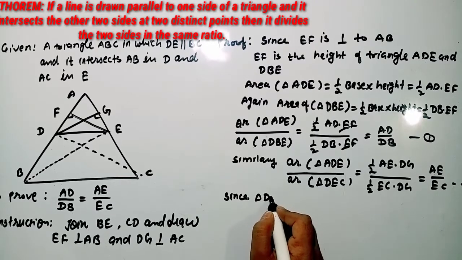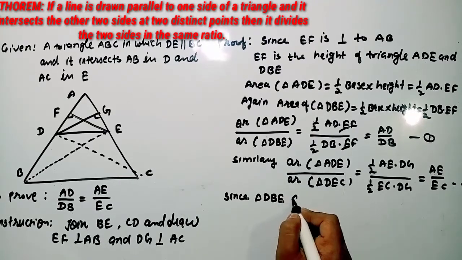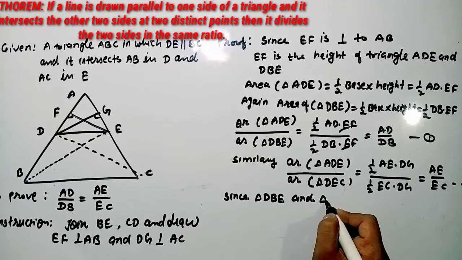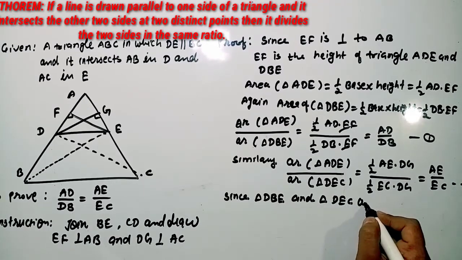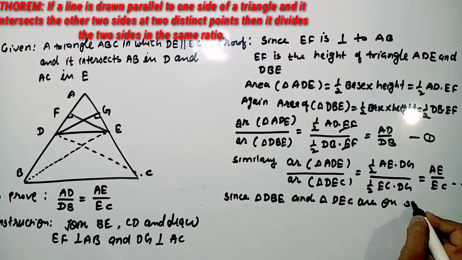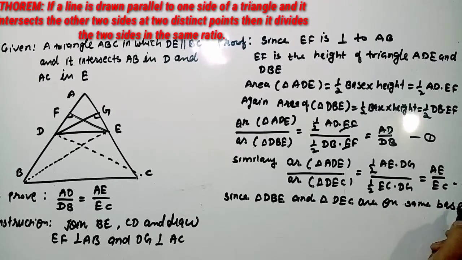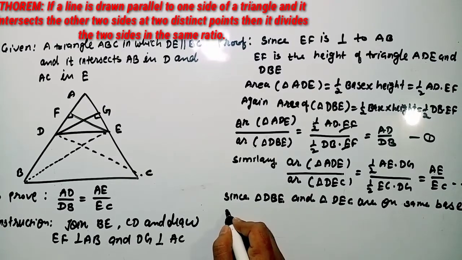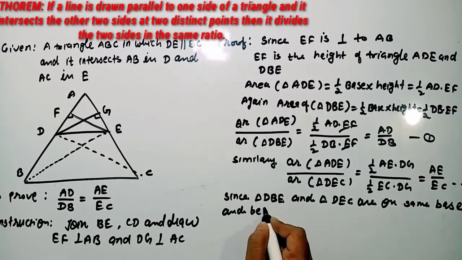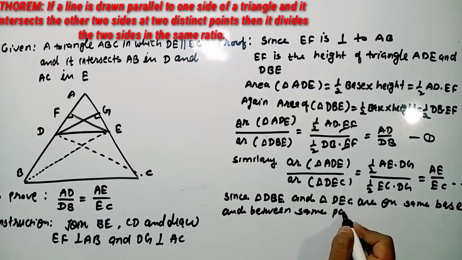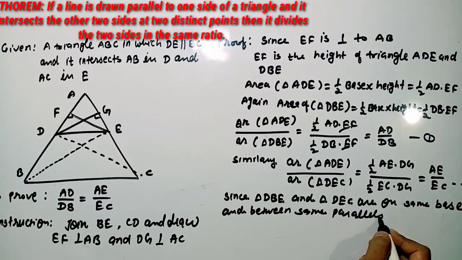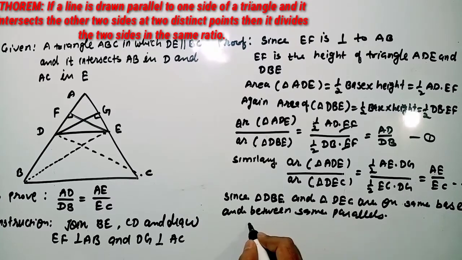Now students, you can see the triangle DBE and triangle DEC are on the same base and lie between the same two parallel lines, the parallel lines DE and BC.